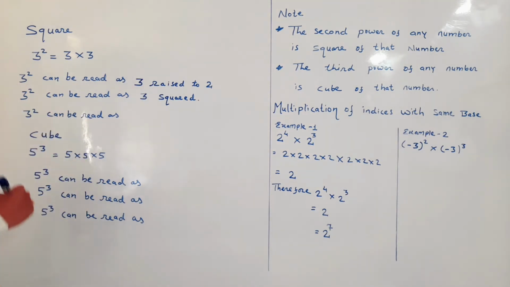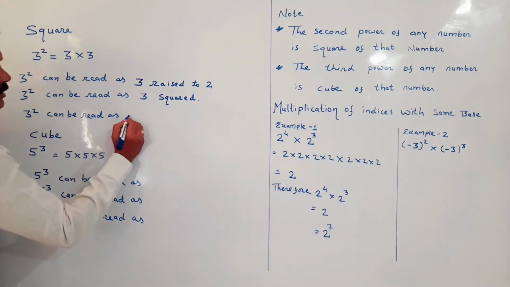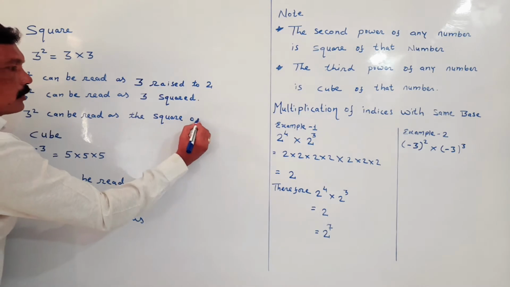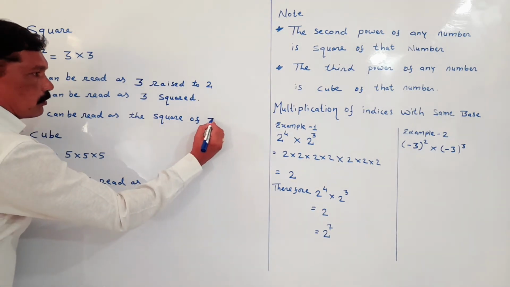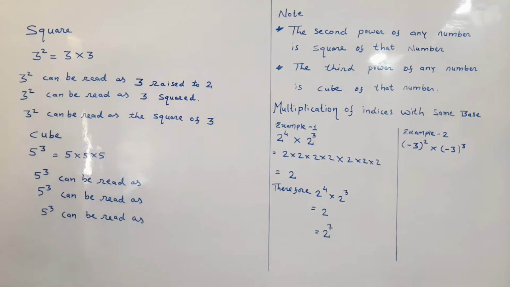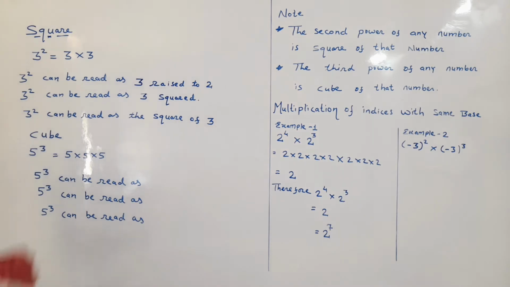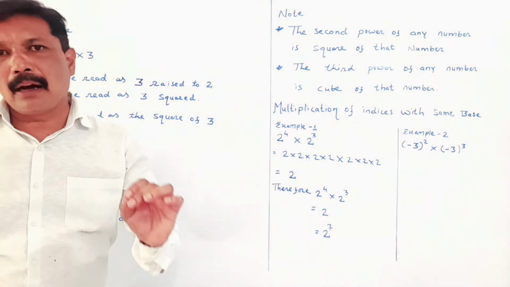This can also be read as the square of 3. My dear student, here one thing we'll keep in mind. We have index as 2, and index as 2 is related to square. This thing we'll keep in our mind.